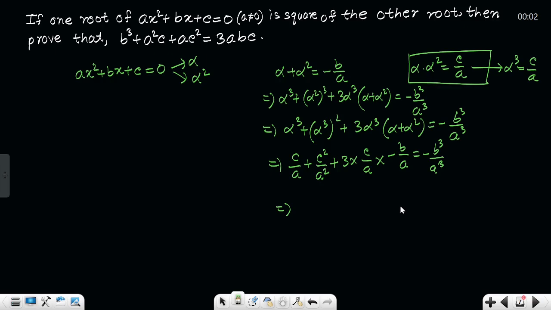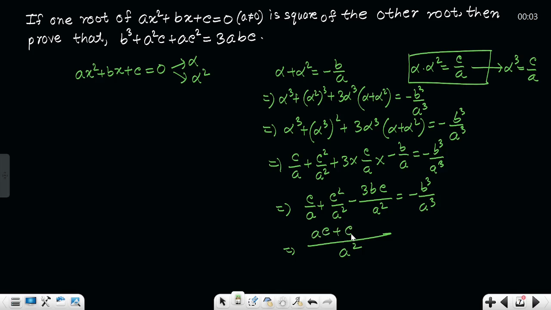Now simplify this. So c by a plus c square by a square plus, actually put that minus here, so it will be minus 3bc by a square equal to minus b cube by a cube. Take LCM here. We will get a square as LCM. We will get here ac plus c square minus 3bc, equal to minus b cube by a cube.